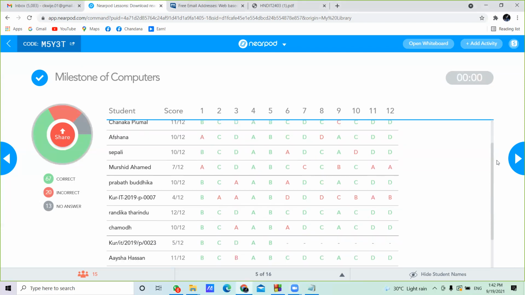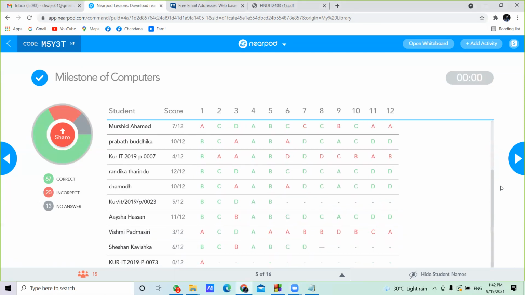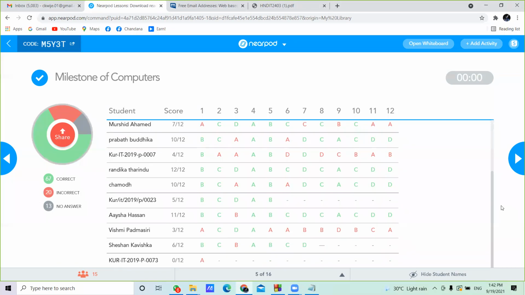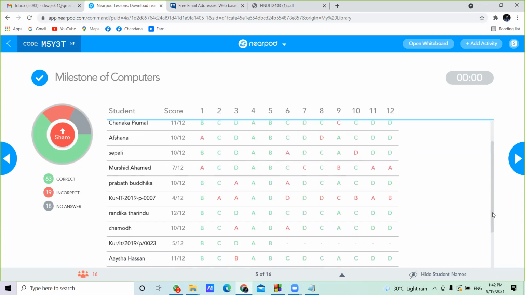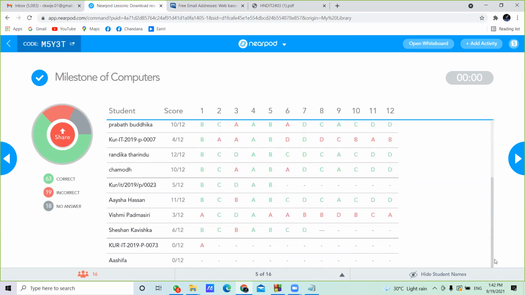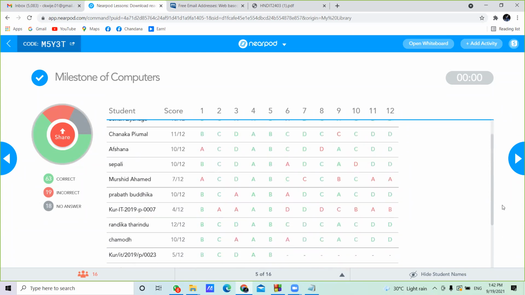Most of you are giving the answers, but some of you are not giving answers for all questions. However, most of you did very well. 12 out of 12, Himansa. Then another one, Randika, also 12 out of 12. Then others, okay.